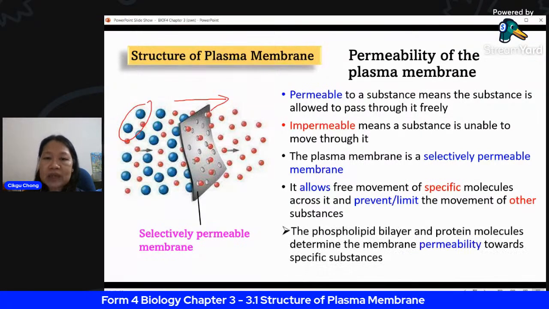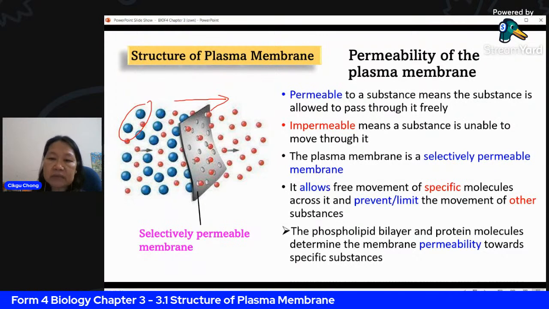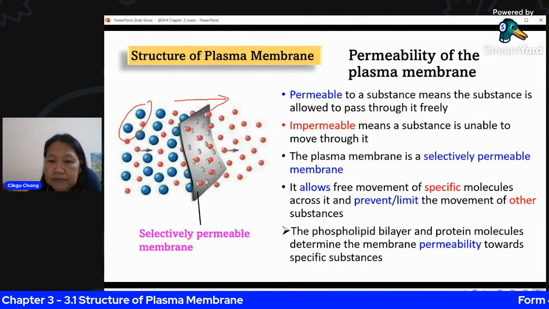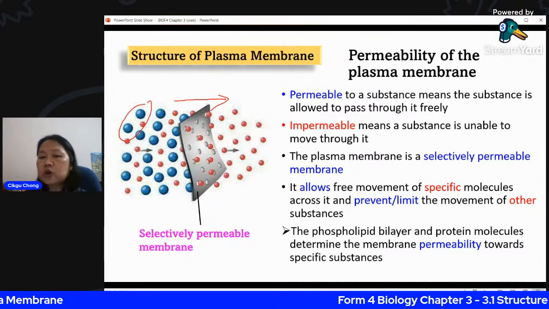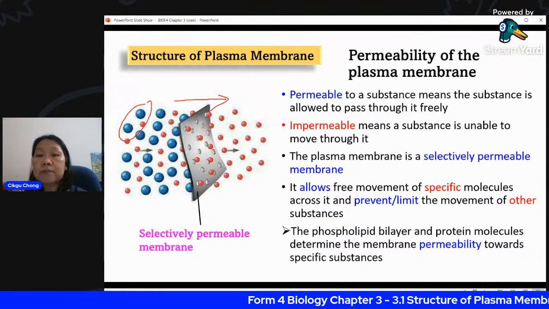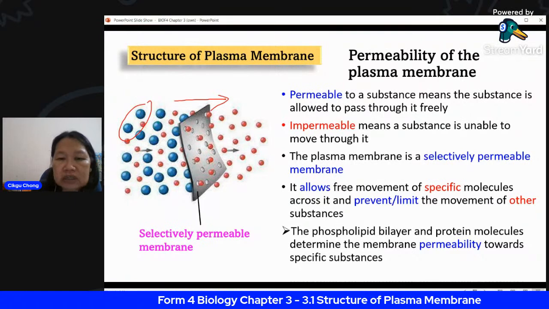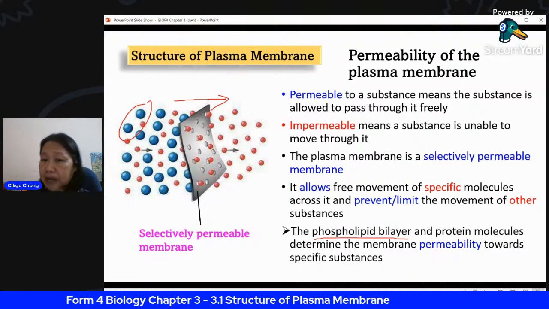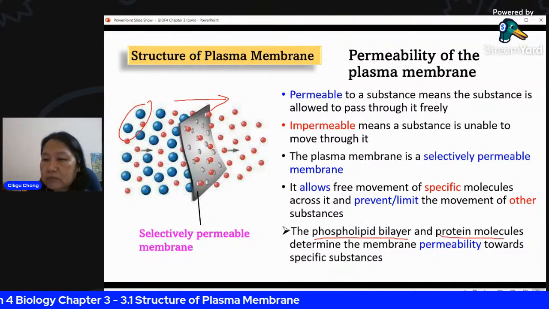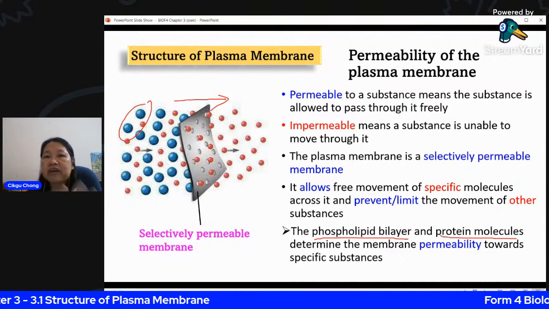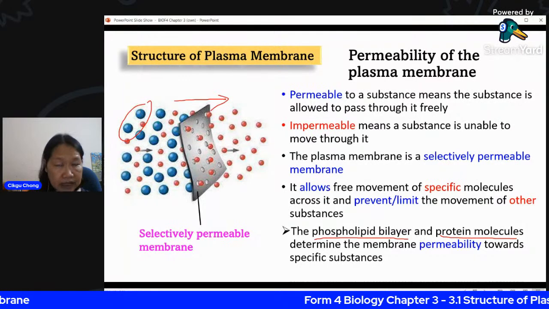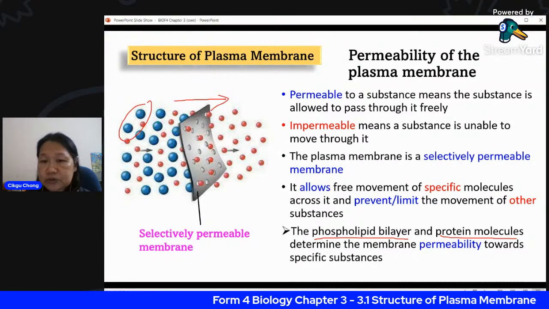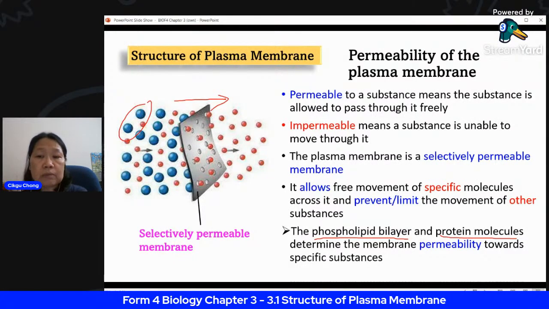So the phospholipid bilayer and protein molecules will determine the membrane permeability towards specific substances. Whether a substance can or cannot pass through is based on these two things, their characteristics. Certain things can pass through the phospholipid bilayer, and if they cannot, they have to pass through the protein molecules.